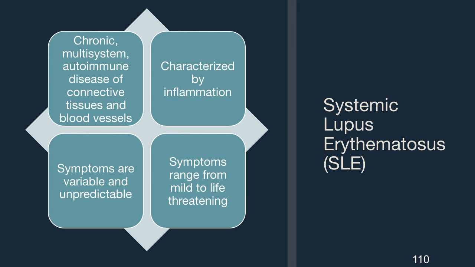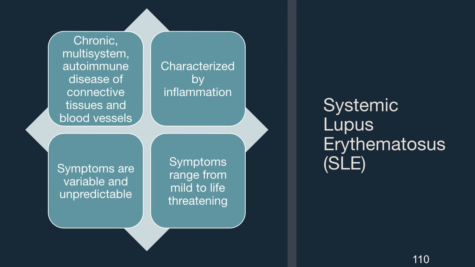Somewhat related to JIA, in that we consider it to be an autoimmune disease, is systemic lupus erythematosus, or SLE. It's a chronic multisystem autoimmune disease of the connective tissues and blood vessels.